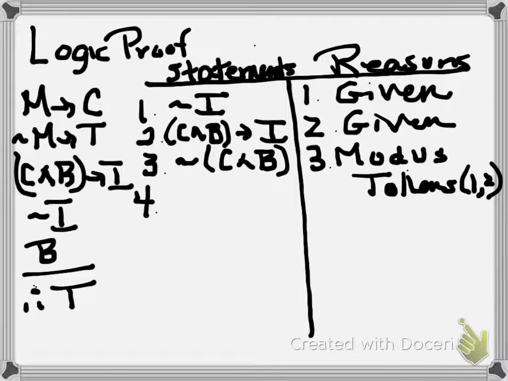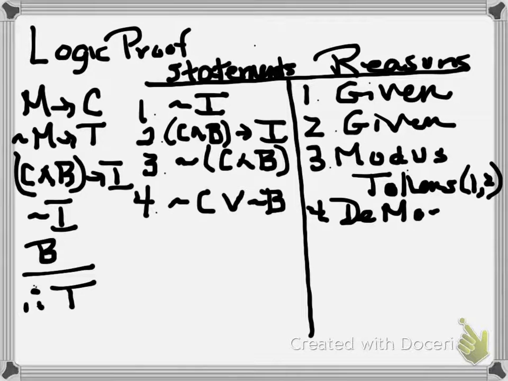Now I negate that parenthesis, which is not C or not B. And that's by De Morgan's. On line 3. Now I can bring in B, which is given.